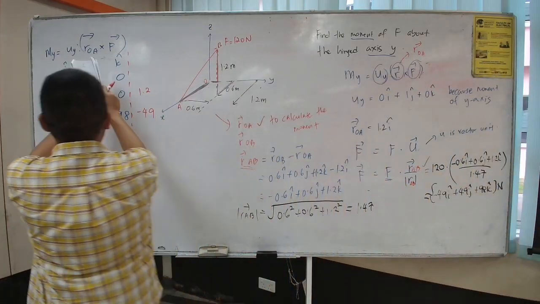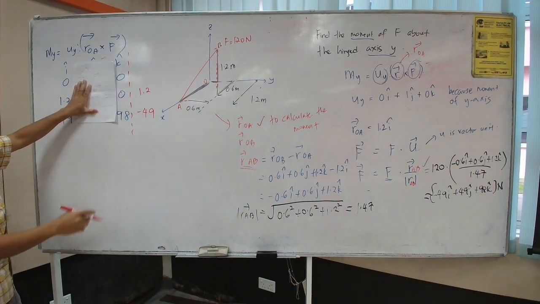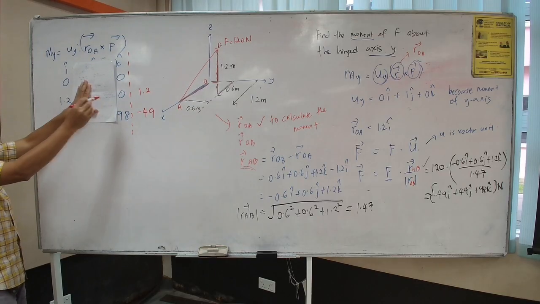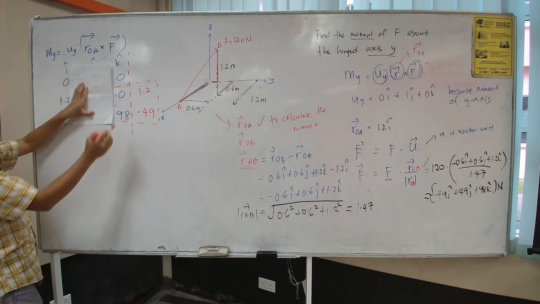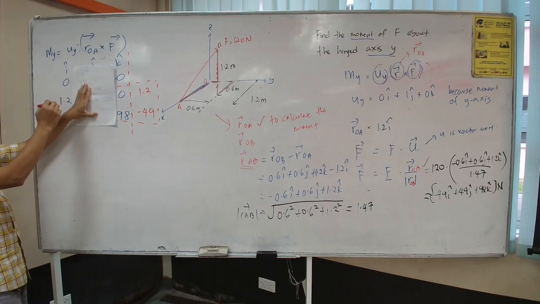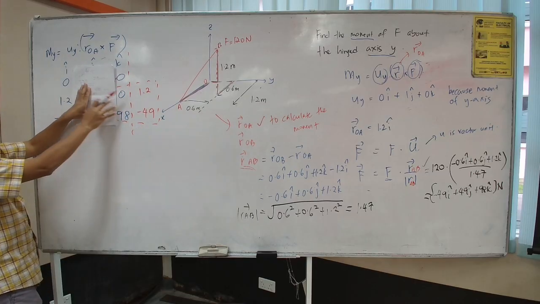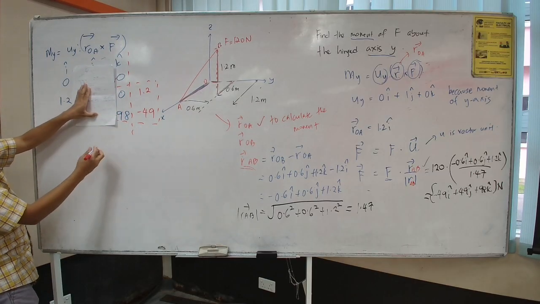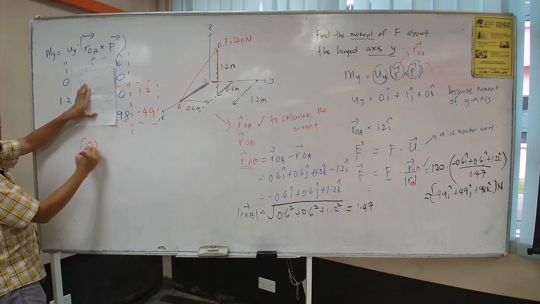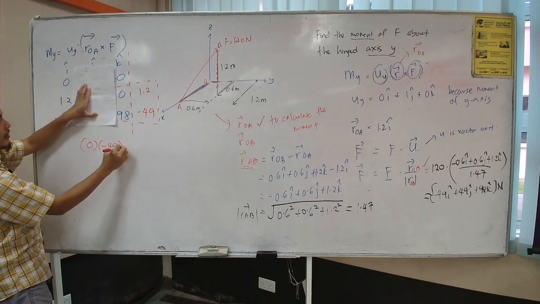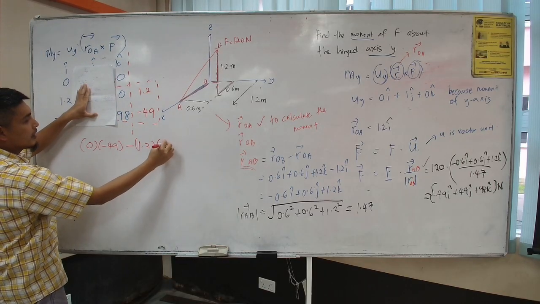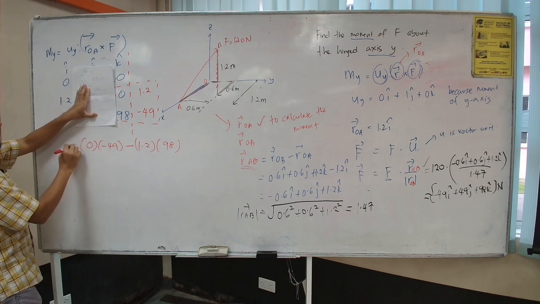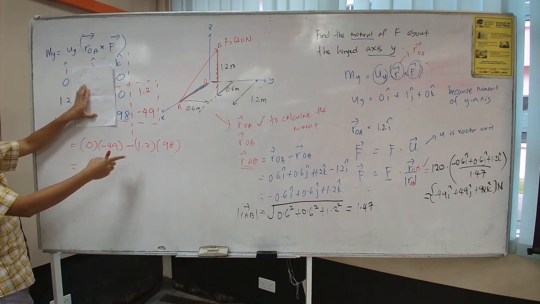Close the Y. When we close the Y, does this part give you a square? So that's why we need to solve this part. So it means 0 multiplied by negative 49, minus 1.2 multiplied by 98.